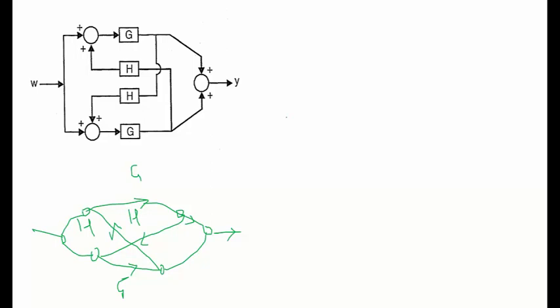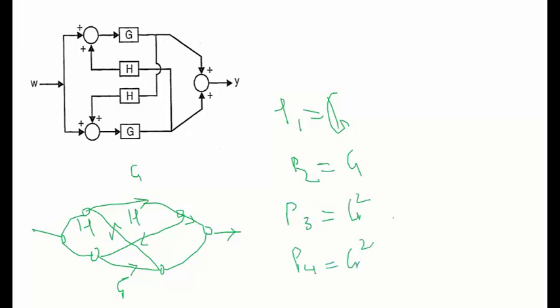So we identified path P1 as G, P2 as G, P3 was G square, and P4 was also G square. So these are the 4 forward paths that we identified.